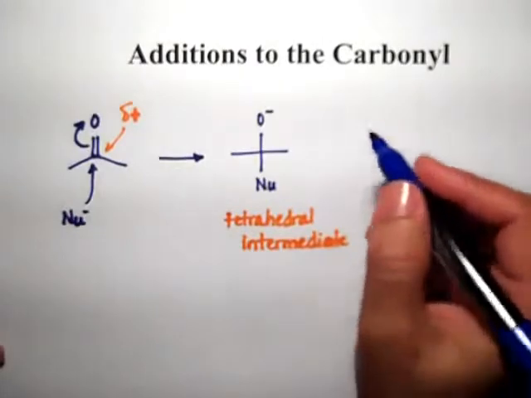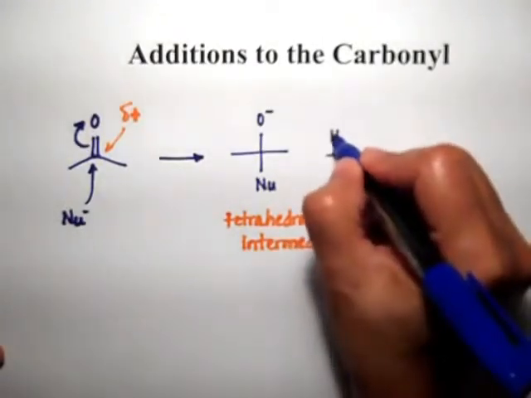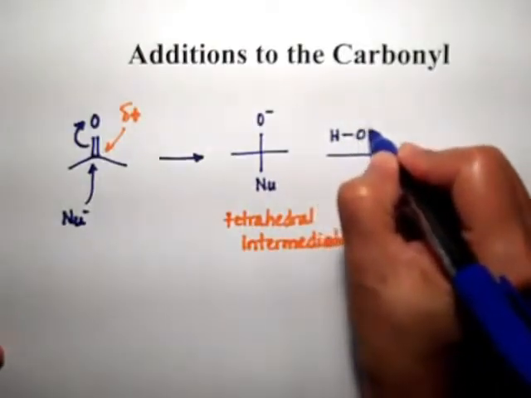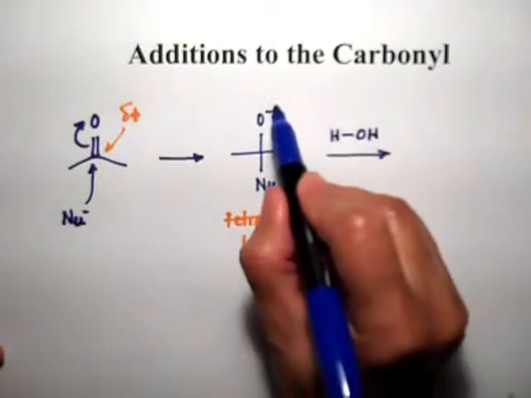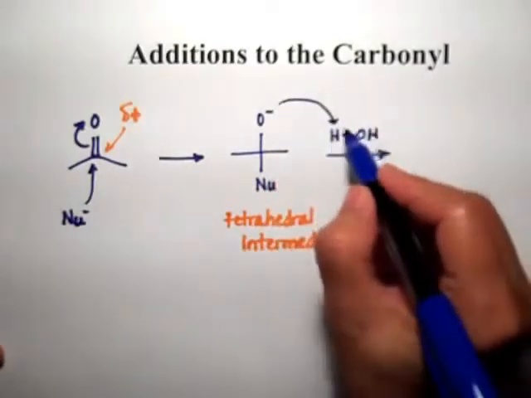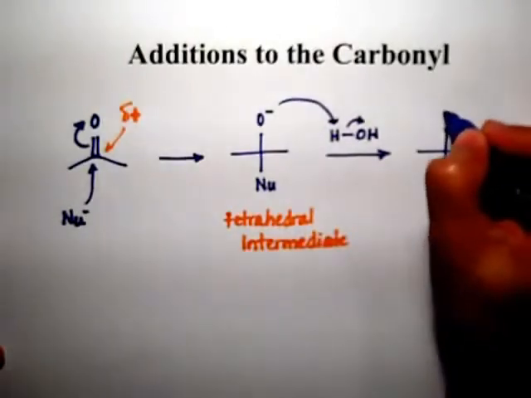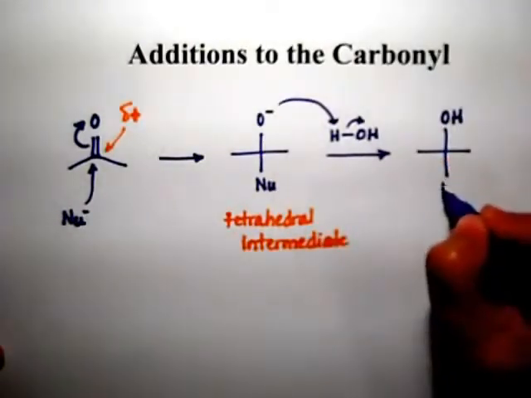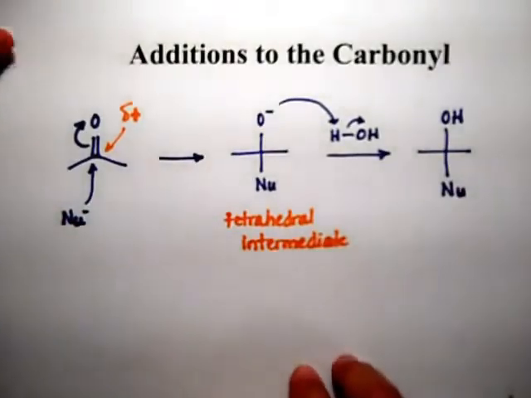So since you don't have any good leaving groups, the oxygen is going to pick up a proton from water or maybe hydronium if you add a little bit of acid. So it picks up a proton and we end up with an alcohol. So that's what we're going to see in these reactions when we attack the carbonyl of the ketones and the aldehydes.